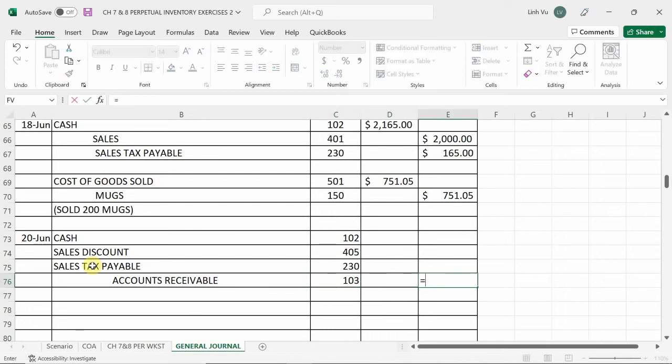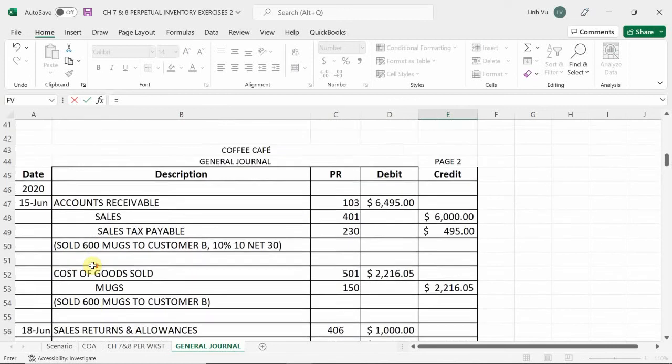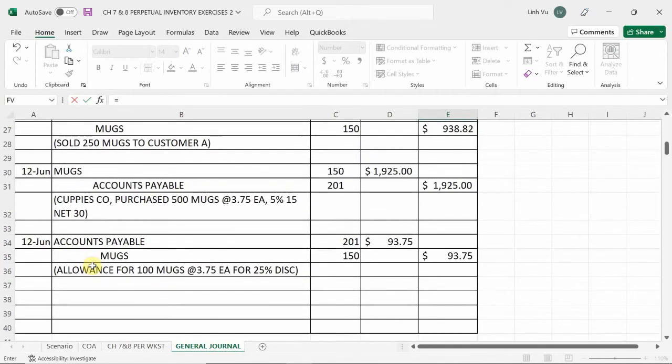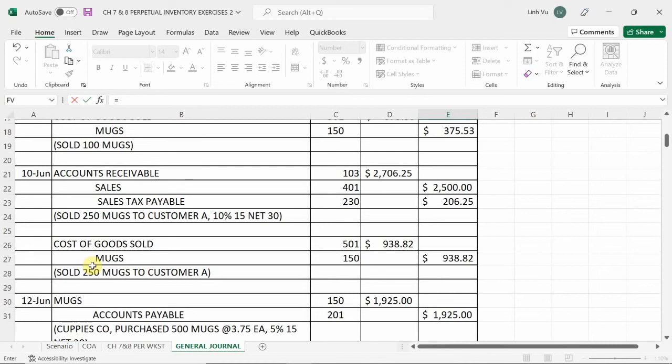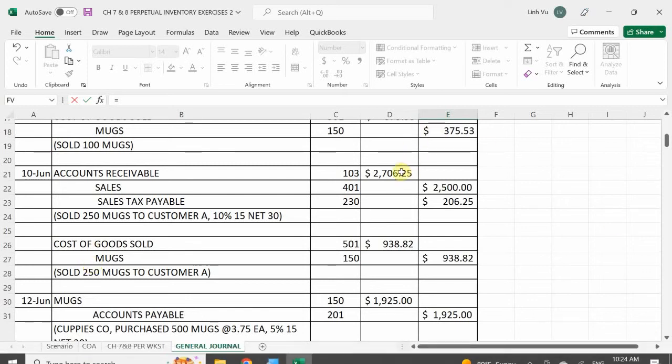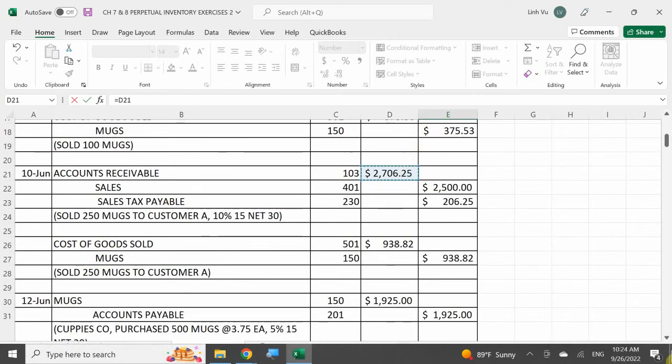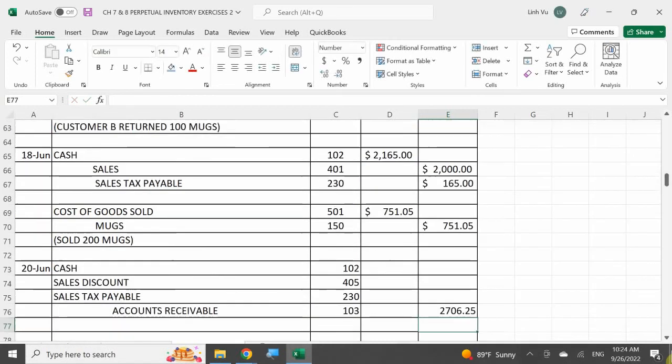First, let's identify how much customer A actually owes me in grand total. $2,706.25. Good, right? Customer A did not return anything, so that is exactly how much customer A owes me.